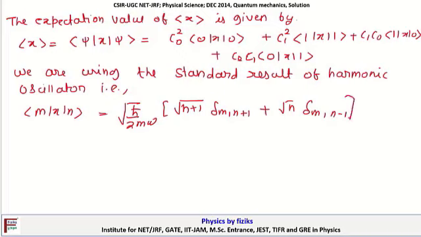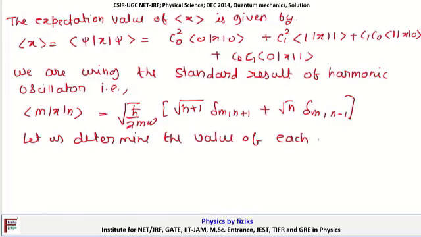So, let us determine the value of each of these inner products.